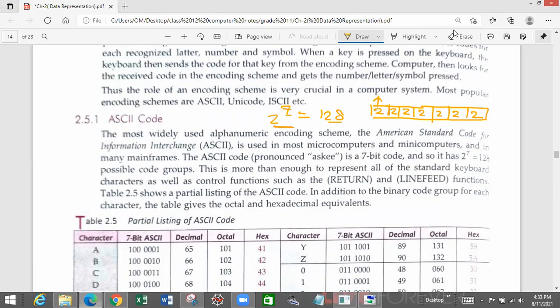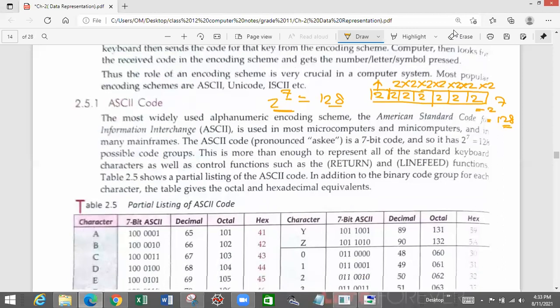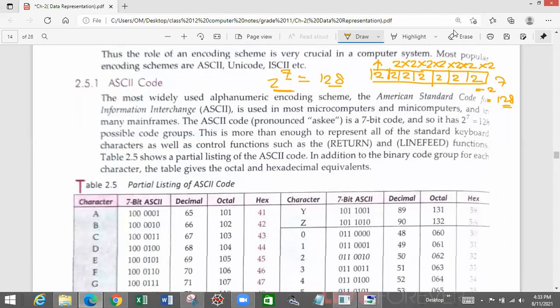So how many options do we have altogether? 2 into 2 into 2 into 2 into 2 into 2, 7 times, is equal to 2 to the power of 7, which is 128 symbols. This is general probability, permutations and combinations. You have studied it in class 10. So if an ASCII code has 7 bits, then it can represent 128 different symbols.